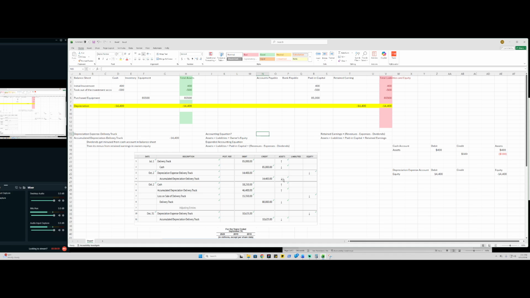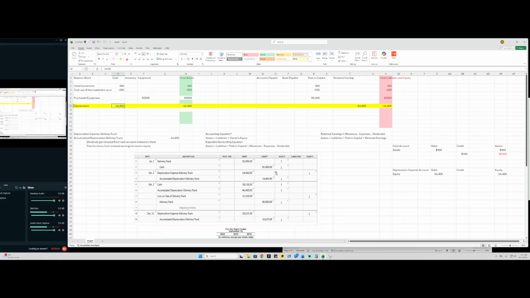That's how it works in the journal entries, and then at the end of the year, you look at all the journal entries, tally them all up, and put them in the balance sheet. For example, 14,400 depreciated as the depreciation expense if it came out of cash.